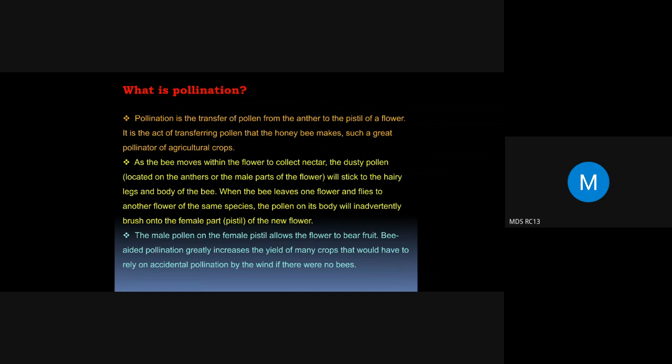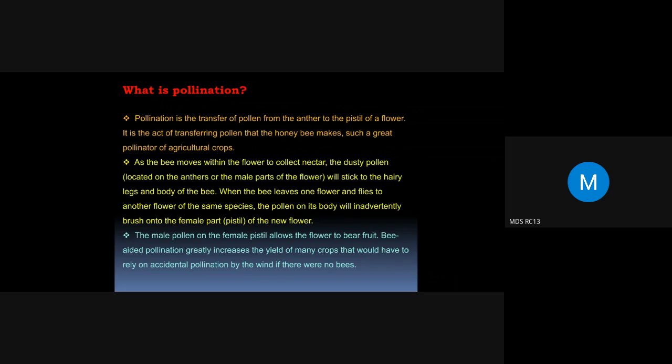So pollination is the transfer of pollen from the anther to the pistil of the flower. It is the act of transferring pollen that makes the honeybee such a great pollinator of agricultural crops.